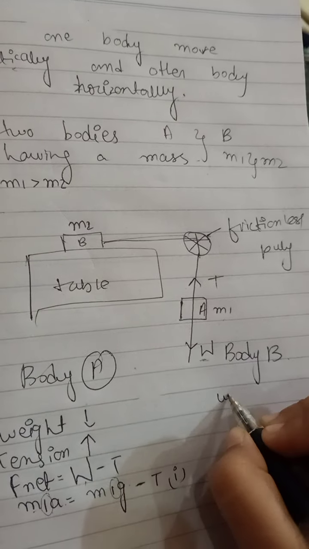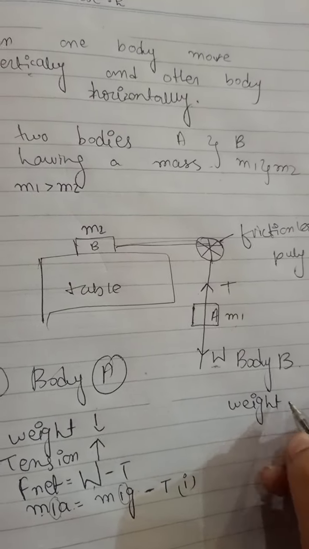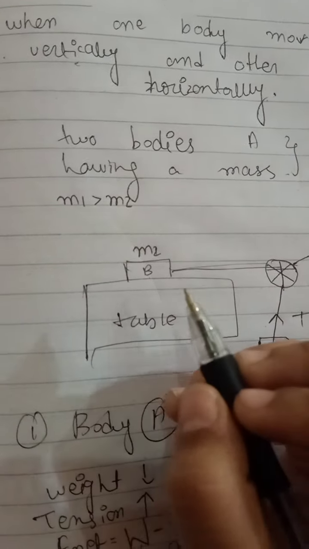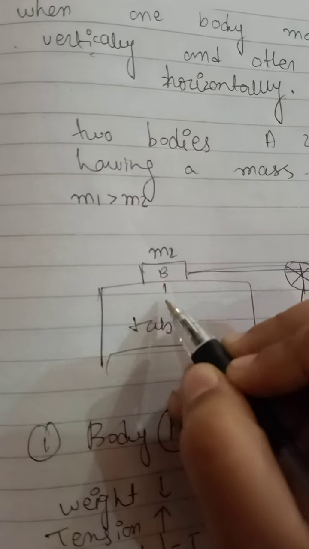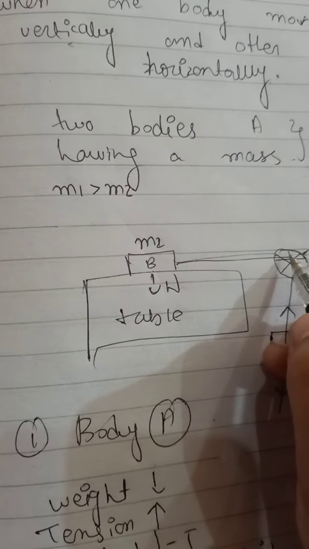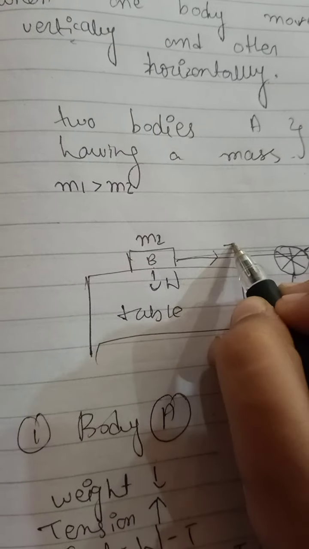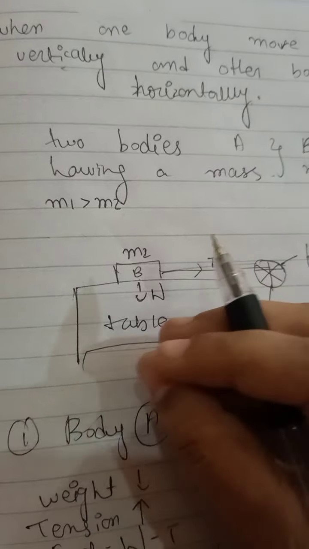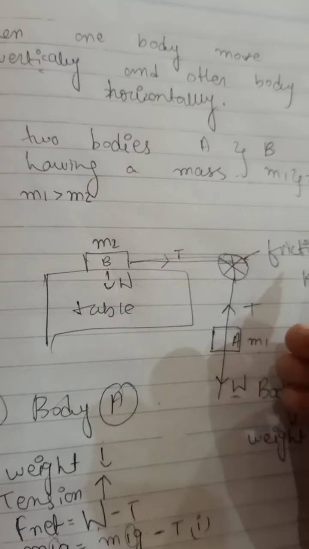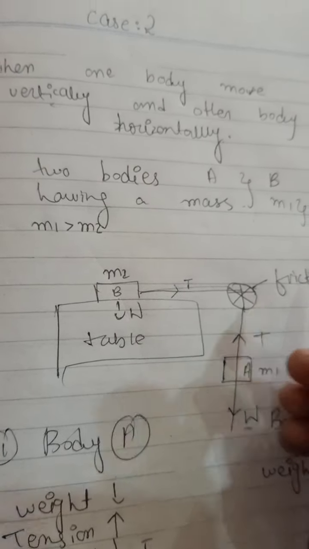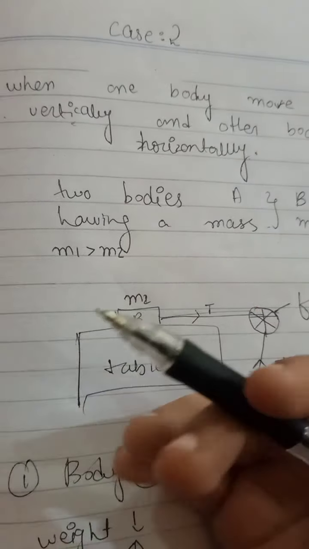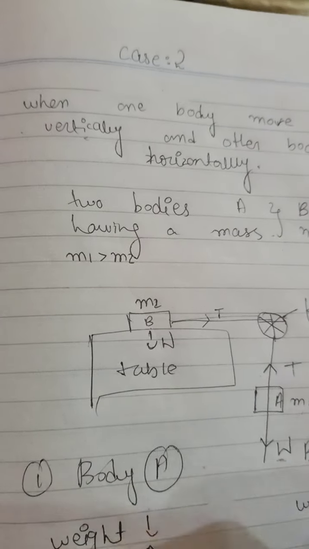Now first of all, this is mass m2. If you're talking about the weight, the weight of body B is downward, and the tension is toward the frictionless pulley. And if you're talking about the normal reaction, as you all know from the third law, every action has an opposite reaction.